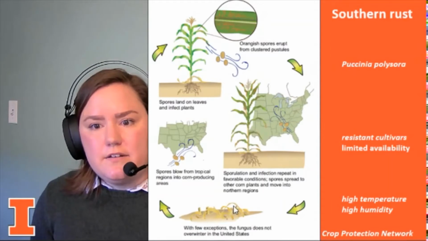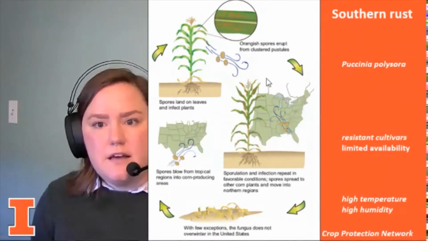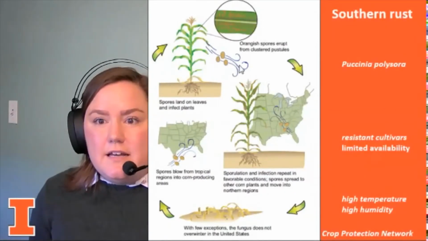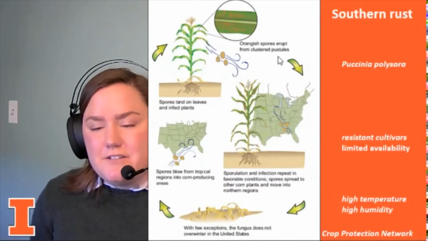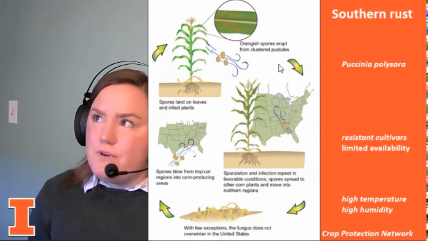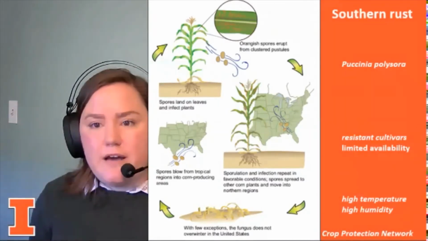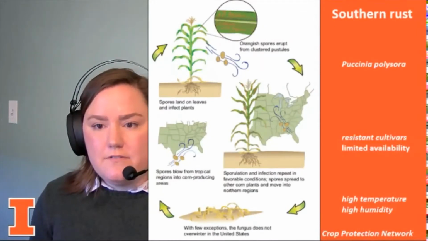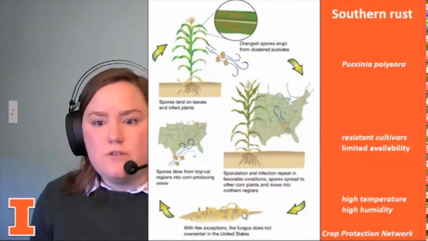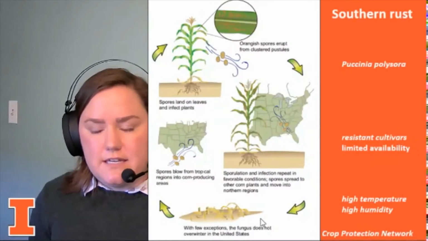It is those Uredinia spores that are blown up from tropical regions. So if you had southern rust this past year and you're worried about it in the following year, it can be helpful just to remember that this pathogen does not overwinter in the United States.